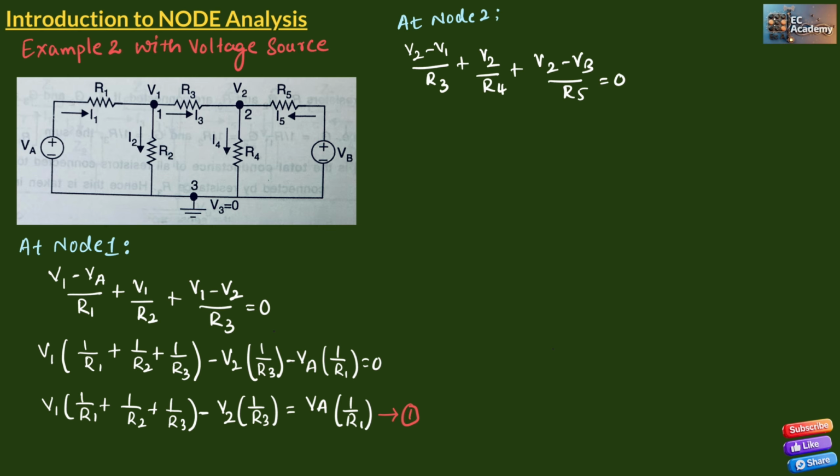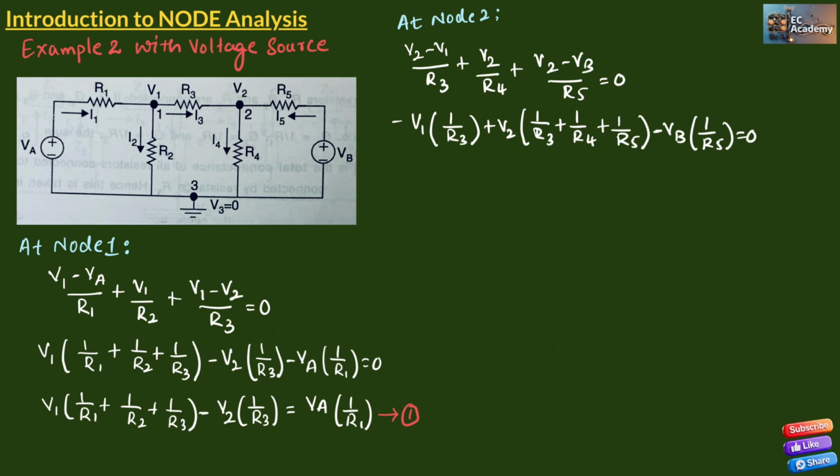So we can write minus V1 into 1 by R3 plus V2 into (1 by R3 plus 1 by R4 plus 1 by R5) minus VB into 1 by R5 will be equal to 0.